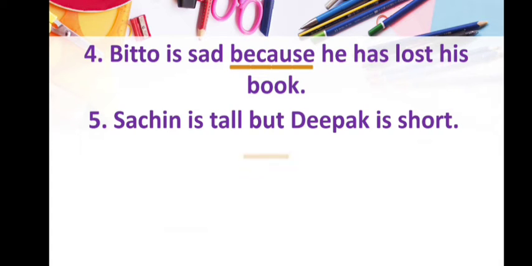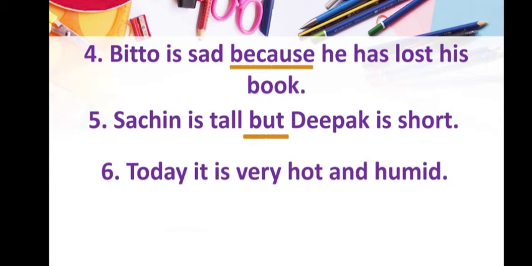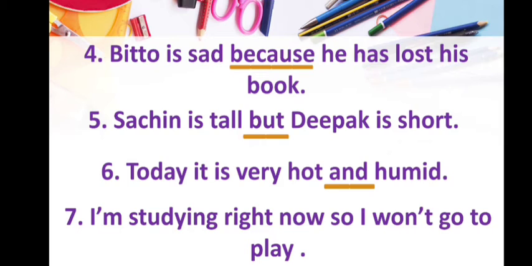Here the conjunction is but. The next sentence is today it is very hot and humid. Here again the conjunction is and. The next sentence is I am studying right now so I won't go to play. Here the conjunction is so.